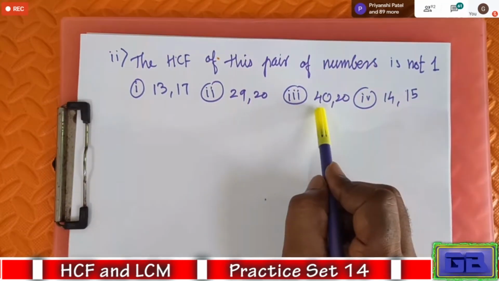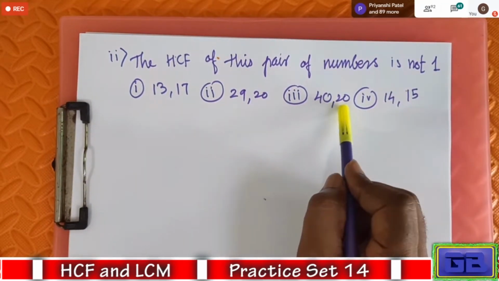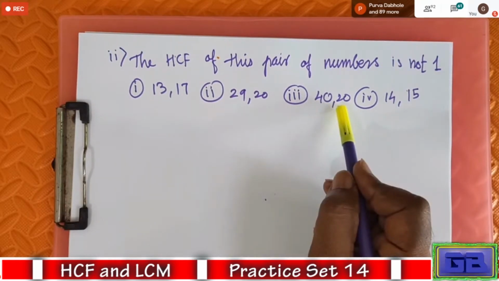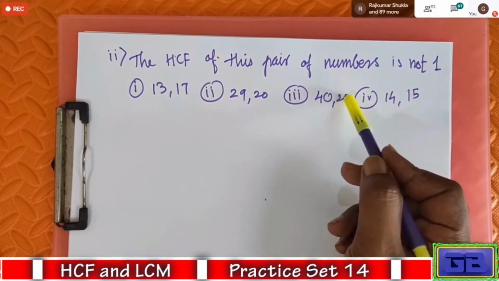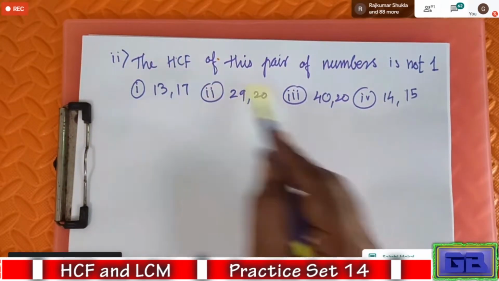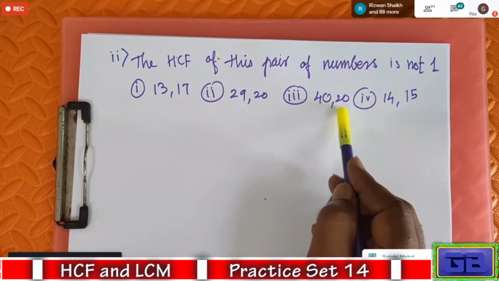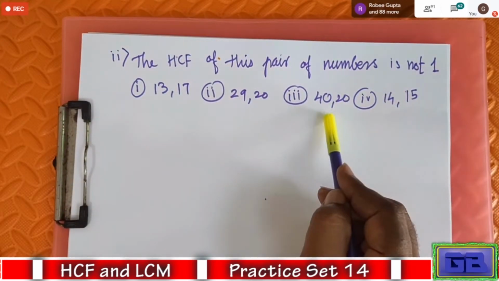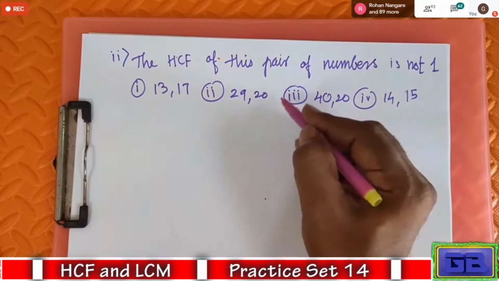Only in 40 and 20 there are many numbers which are common. It means the HCF of 40 and 20 is not 1. Therefore the third option, 40, 20, is the correct answer.